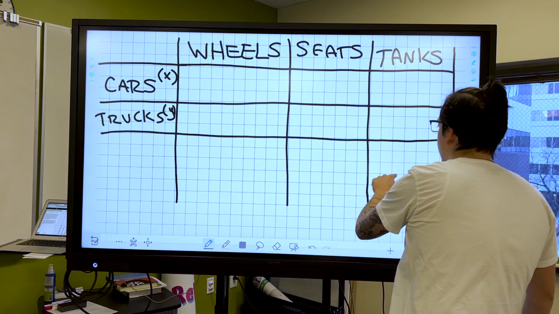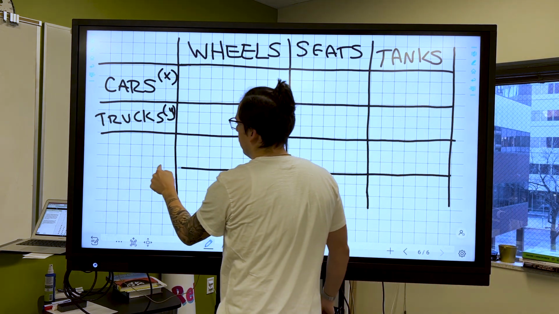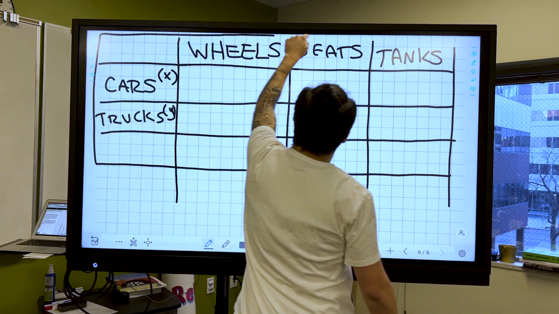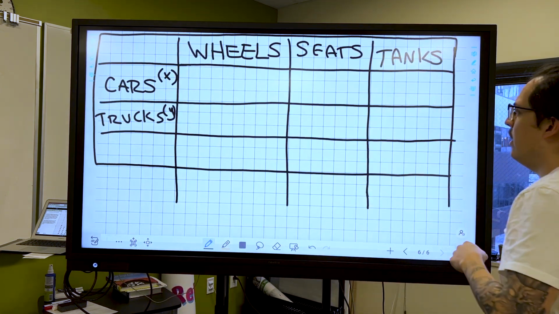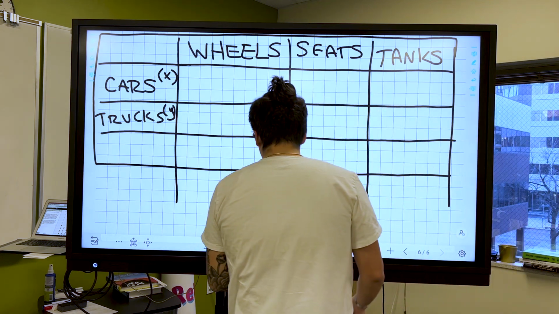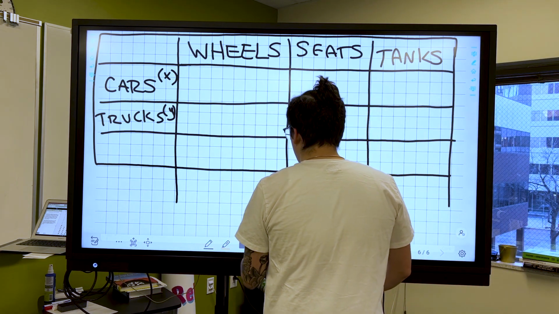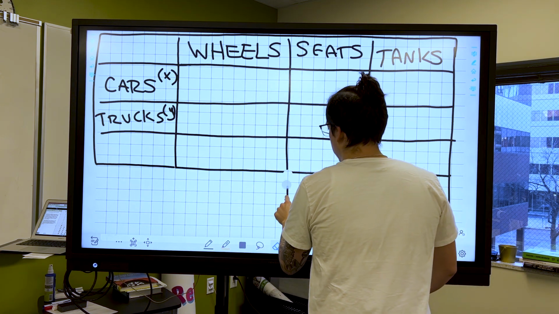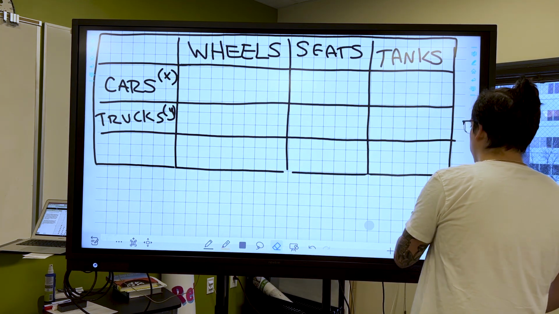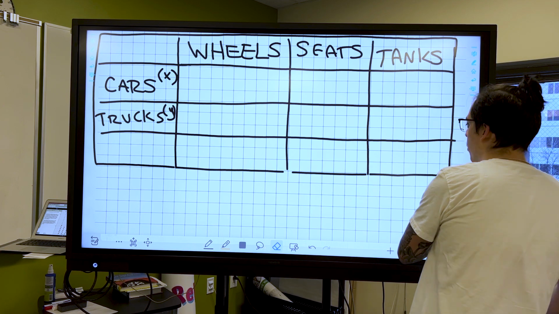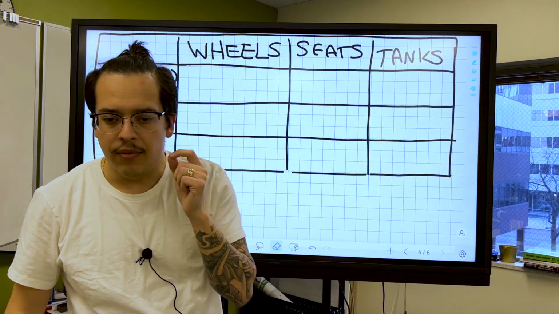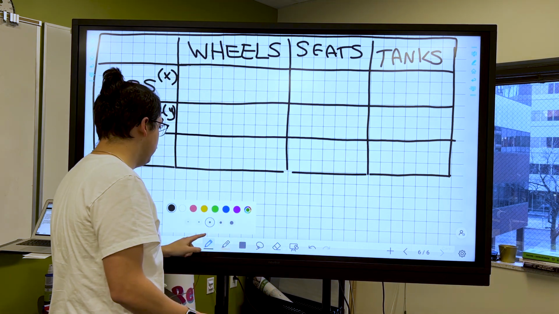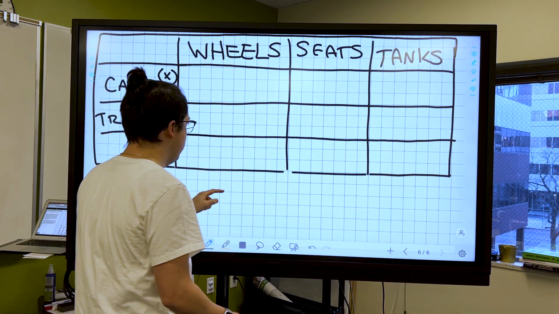And the last thing that we need to think about as we construct this table is how many resources do we have to work with? Go back into the book, if you don't remember, and figure out how many wheels, seats, and gas tanks we are working with here.